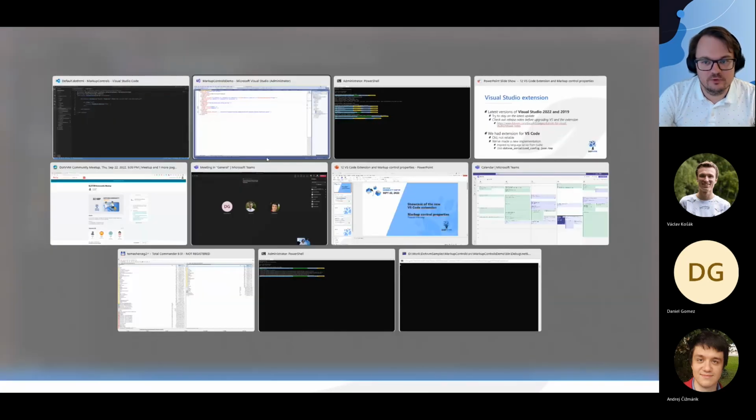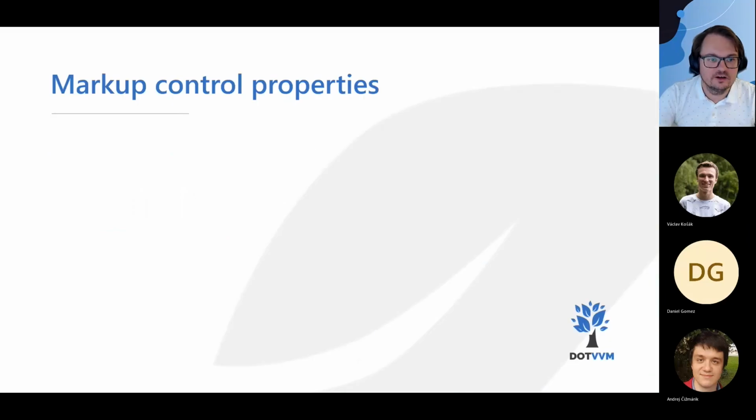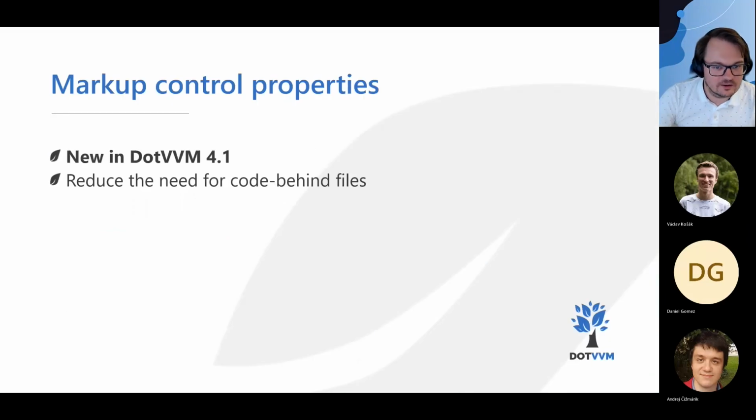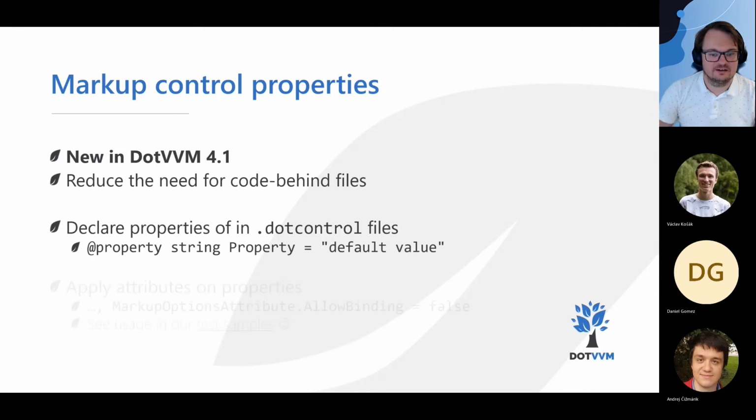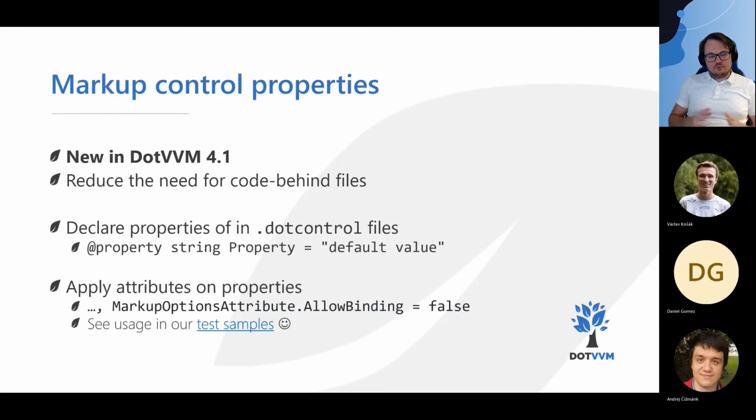And let's jump to the next feature I have prepared, or to be precise, my colleague from the team was working on this feature for quite a long time because it wasn't so easy. So from .vvm 4.1, you will be able to declare properties of markup controls in the markup control file.